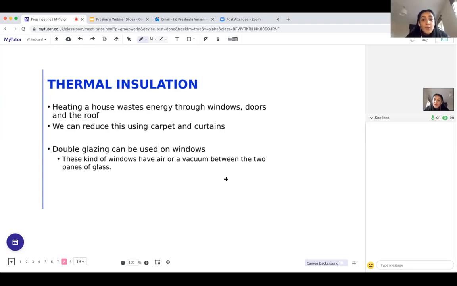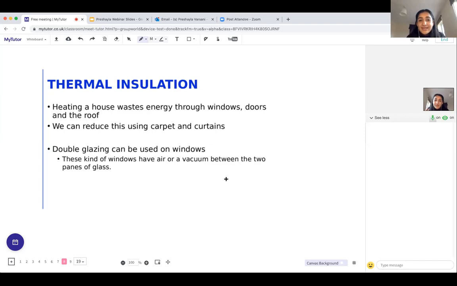Remember, the only use that we have is to heat up our house. We don't care about the outdoors. We don't want to heat that up. We just want to heat inside our house. So we want to try and reduce the amount that is getting wasted, the amount that is leaving through the windows, through the doors, through the roof. We can do this using carpets and curtains, but that's not so efficient.